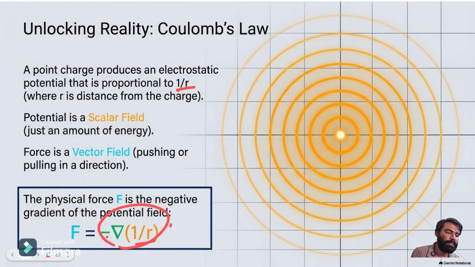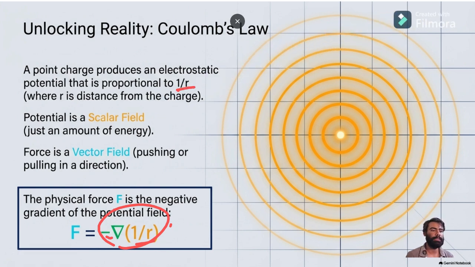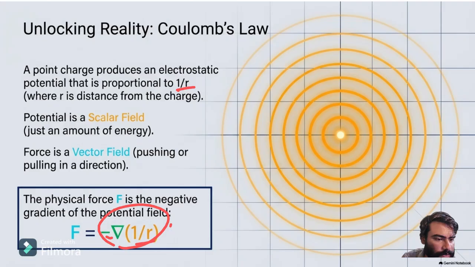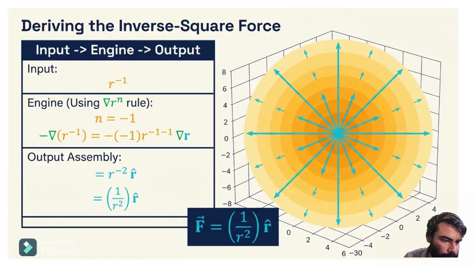Now you can ask why the minus? The minus is because the force will act in the direction opposite to the field. Now we have seen the gradient of 1 by r.